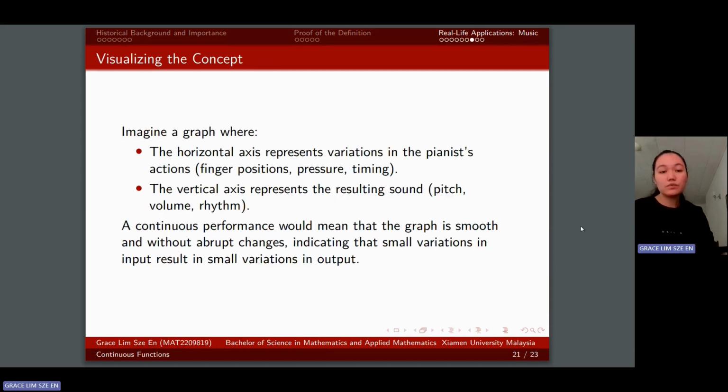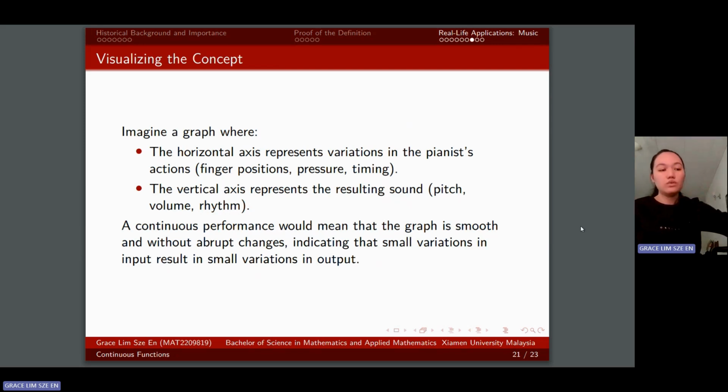And so basically, if I were playing and you imagine a graph, say of my volume, and my variations are small enough so that the performance is smooth and continuous, you won't see many big jumps in the graph. You won't see the volume jumping from here to here.